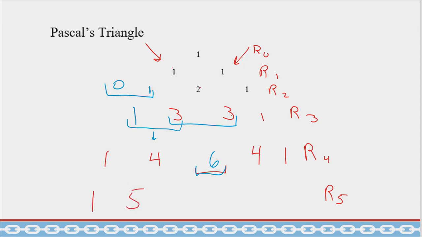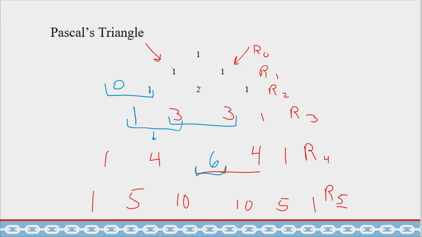I also know it is the 5th row, so it's going to have that 5 in it. 4 plus 6 is 10, 10, 5, and 1. So there is my 5th row of Pascal's triangle.